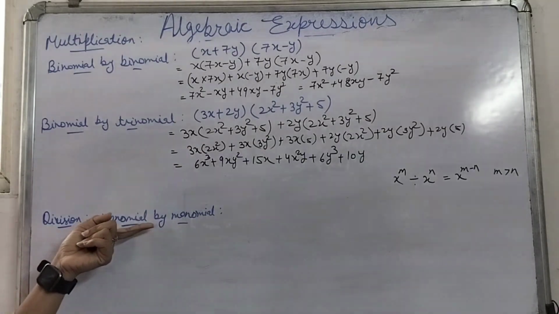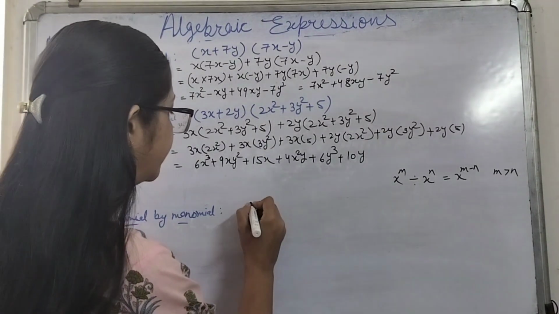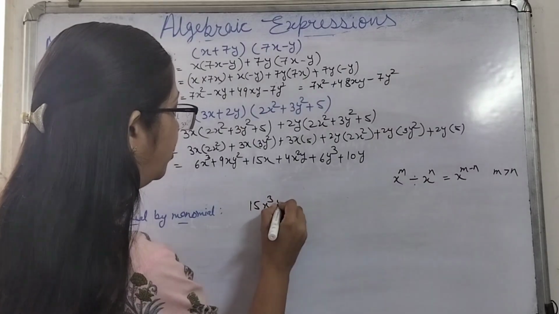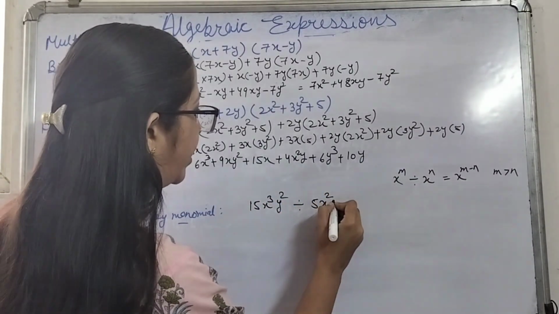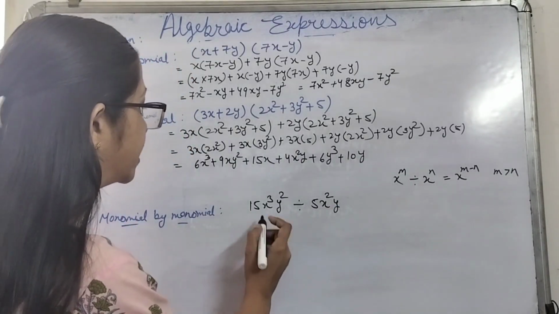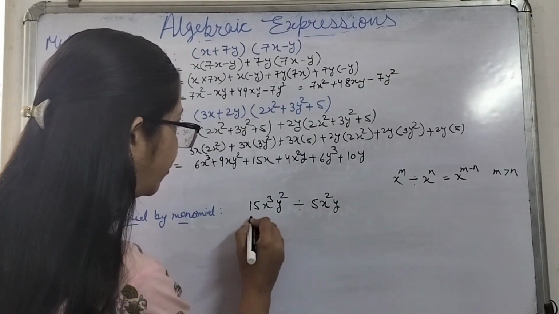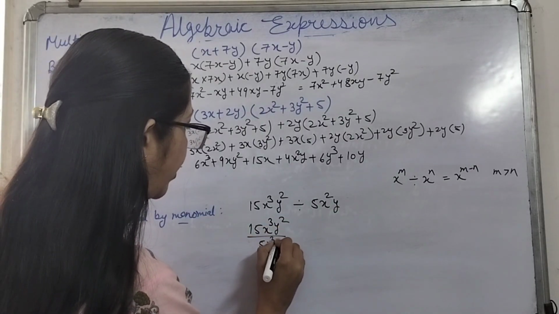Now how to divide a monomial by a monomial. Suppose we have to divide, say 15x cube y square divided by 5x square y. If we have to divide these two, we can write it like this, 15x cube y square divided by 5x square y.